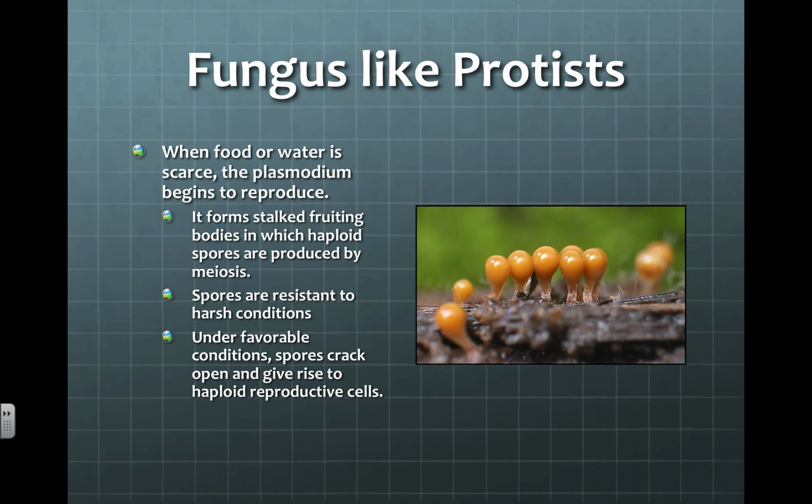If they weren't impermeable to harsh conditions, which would be no food source or a very dry environment, then they would die off. So then, under favorable conditions, they can break open and they can give rise to the haploid reproductive cells. So it's all weather related.